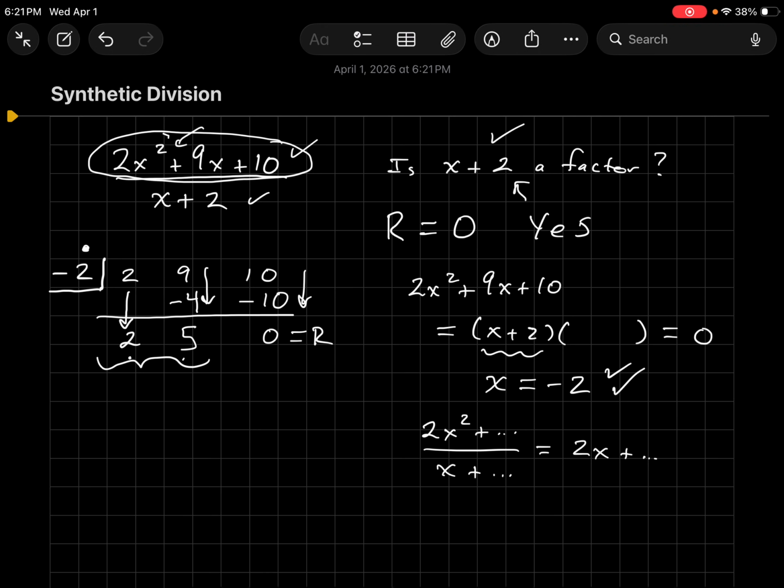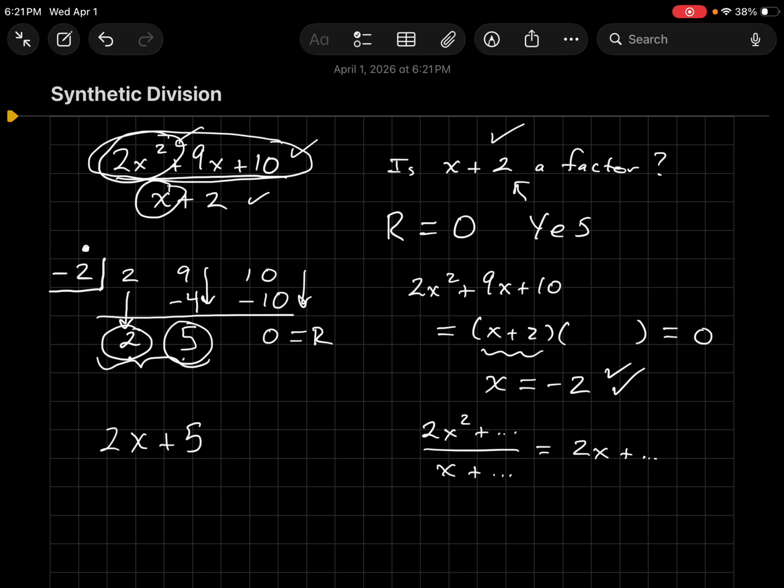Since we divided an x squared by an x, the highest power left over should be an x to the first. And this will be the coefficient of the highest power that's left over, so a 2. And then we go down to our next power of x, so x to the 0, where this is the coefficient of that one, so plus 5x to the 0, or simply plus 5.